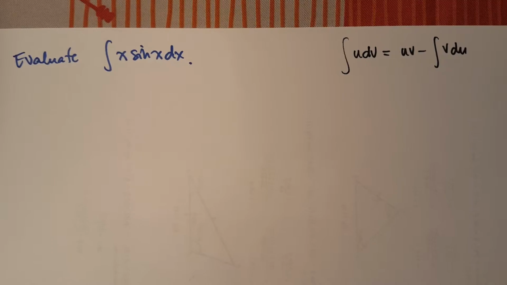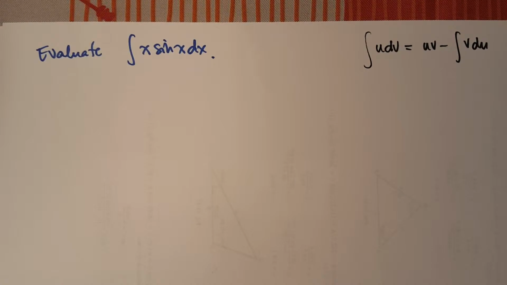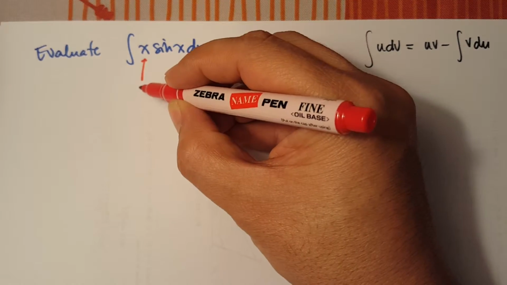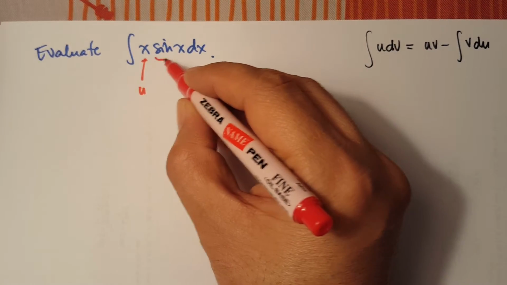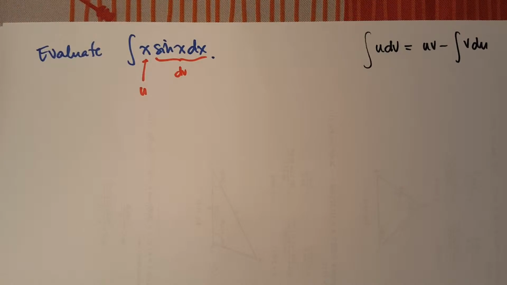There's one simple technique to remember: if you want to find your dv, it should be something that you can easily integrate. So in this case, it looks like x is a good candidate for u. That means sine x dx is our dv. And this is how I like to write it.